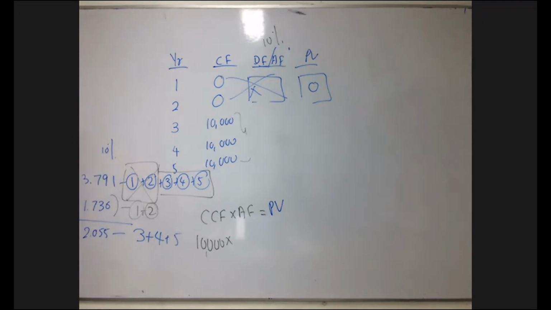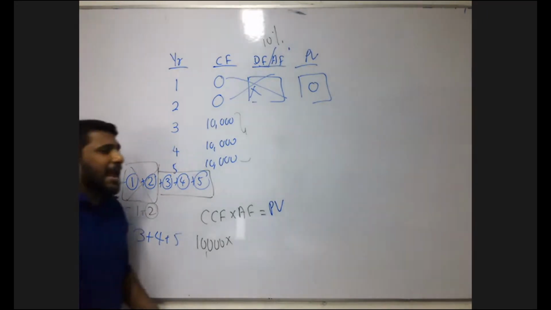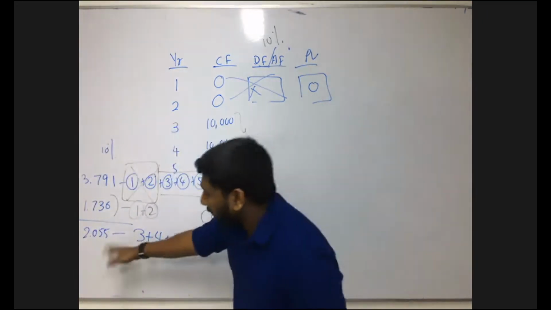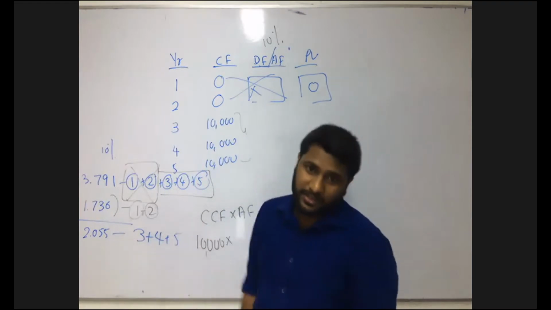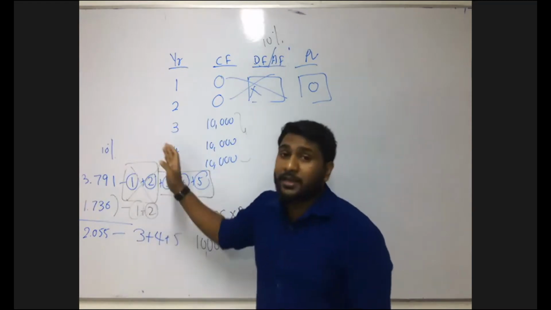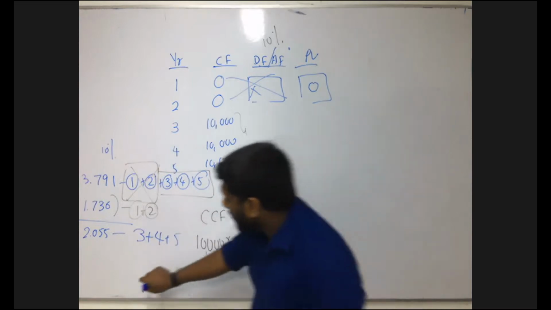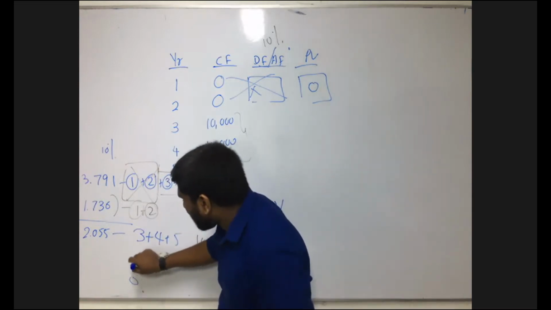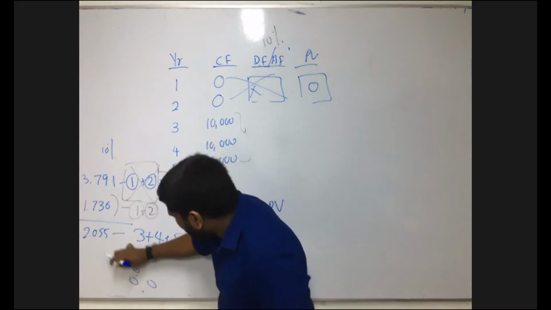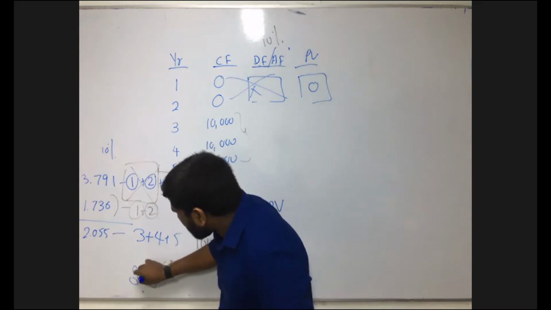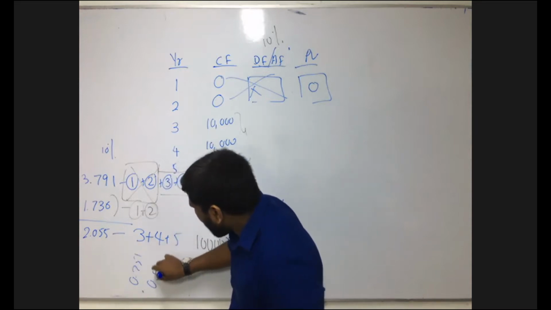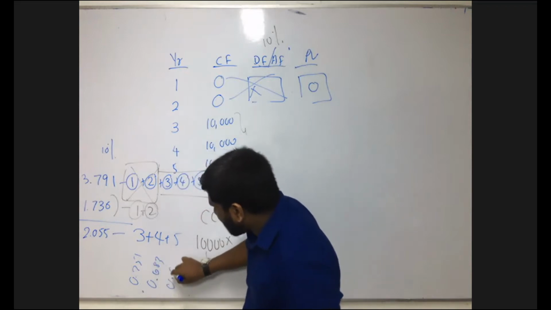If you want, you can add and see, guys. You will get an answer somewhere like this. See the discounting factors of 3, 4, 5. That means 0.751, 0.683, 0.621.